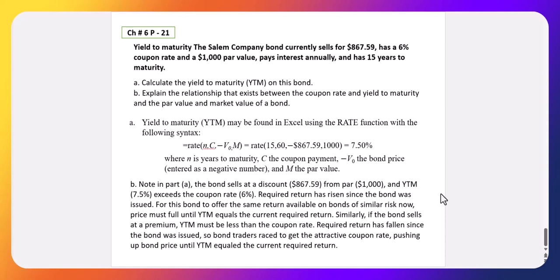For this bond to offer the same return available on bonds of similar risk now, prices must fall until the yield to maturity equals the current required return. Likewise, if the bond sells at a premium, yield to maturity must be less than the coupon rate. Required return has fallen since the bond was issued. So bond traders race to get the attractive coupon rate, pushing up the bond price until the yield to maturity equaled the current required return.